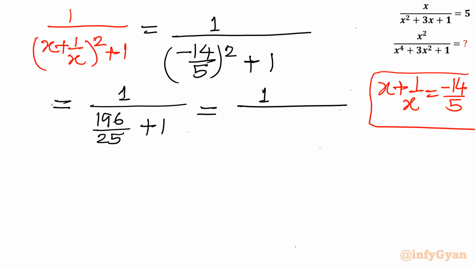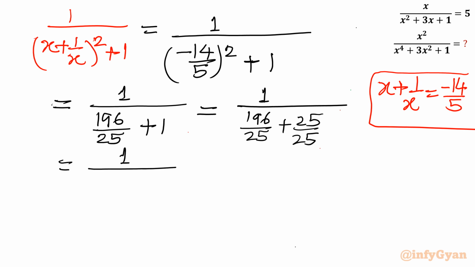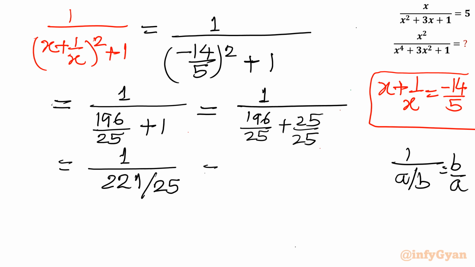I will write 1 over 196 over 25, then I will write 25 over 25, this 1. Now the denominator is identical, I will simply add our fractional values. So 1 over 196 plus 25, it would be 221, and the denominator is 25. Now 1 over a over b is equal to b over a. So our final answer becomes 25 over 221.